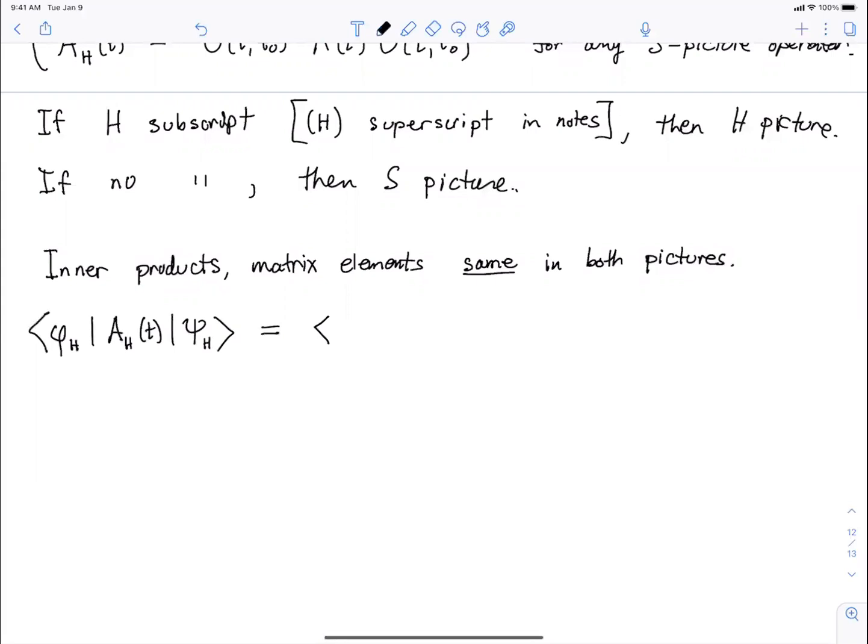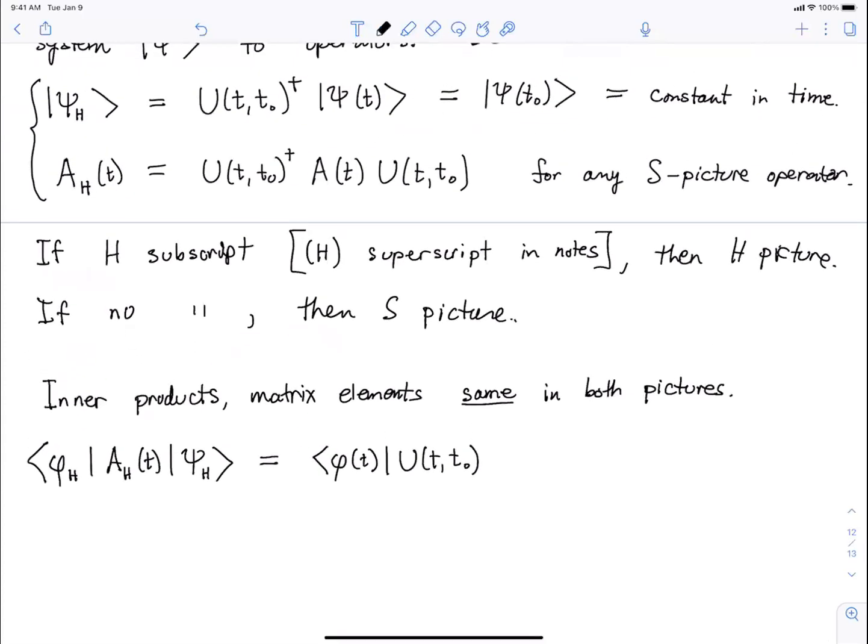Okay, and so this is phi of t, U of t, t0. I'm sorry, Professor. Is that one on the left? I just wanted to confirm. That's a phi, and then the one on the right is a psi, correct? That is correct. I'm choosing them different because I want to do a general matrix element, not just an expectation value. Okay, thank you.